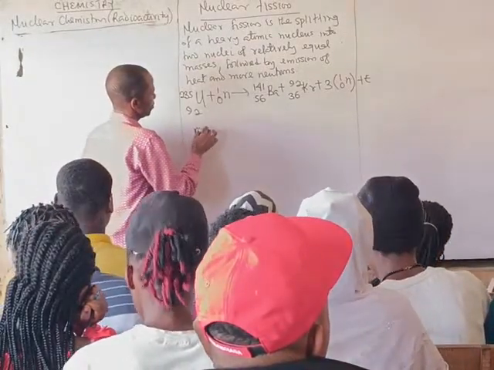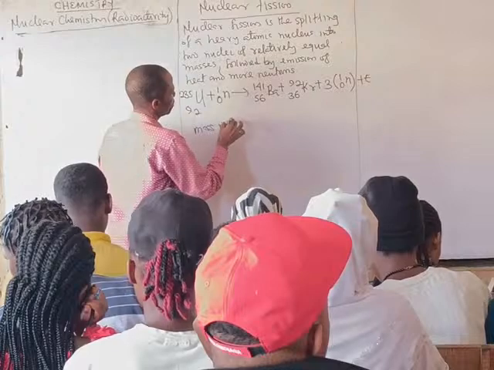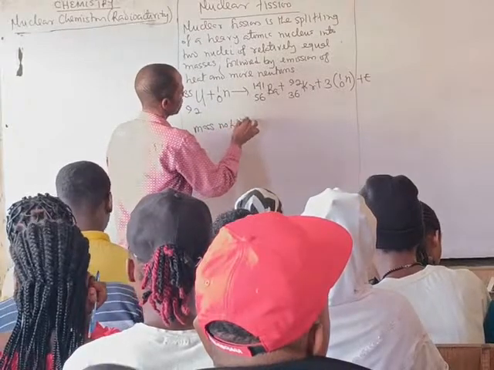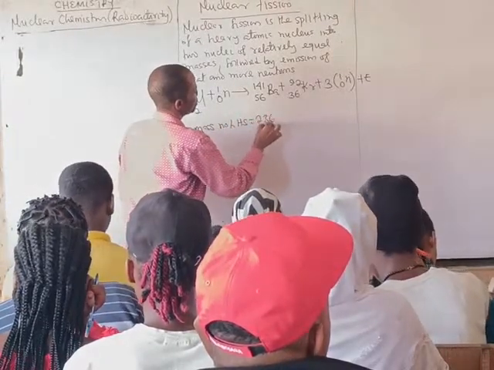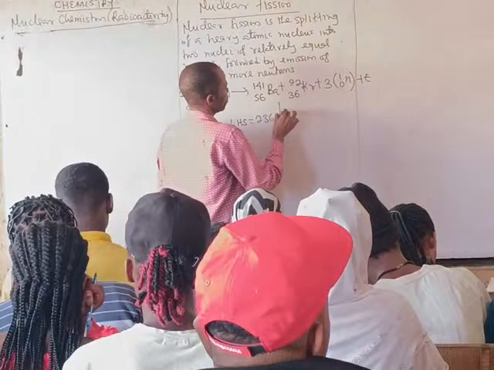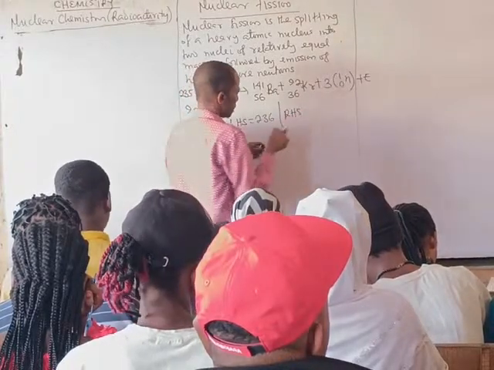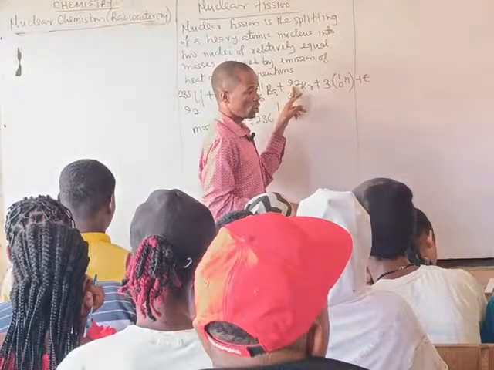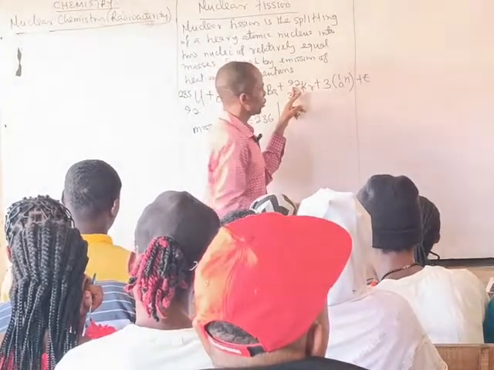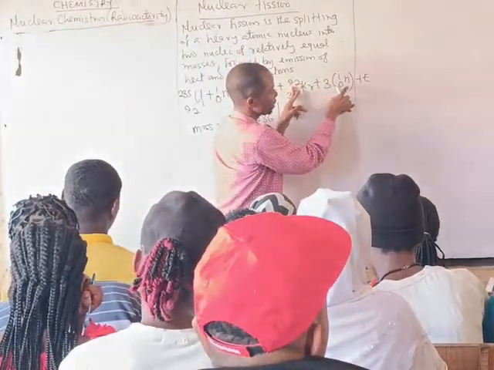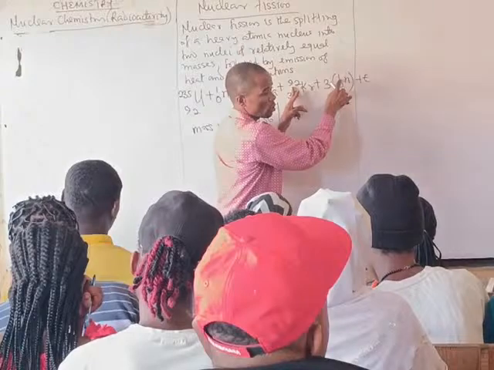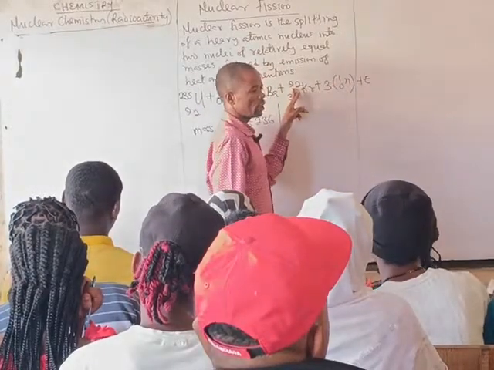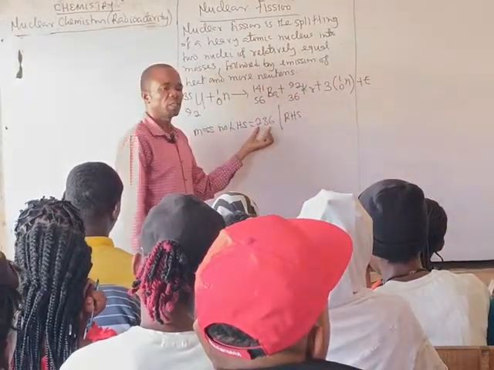That's for mass number. So on the left-hand side, that's 236. Now, let's find out on the right-hand side. This 141 plus 92. What does that give us? 233. Now, remember, this 3 affects everything in this bracket. That's 3 times 1. That's 3. If you add 3 to it, what does it give you? So you can see it balances.